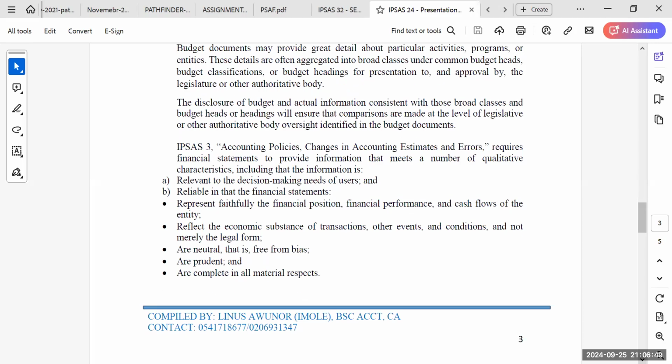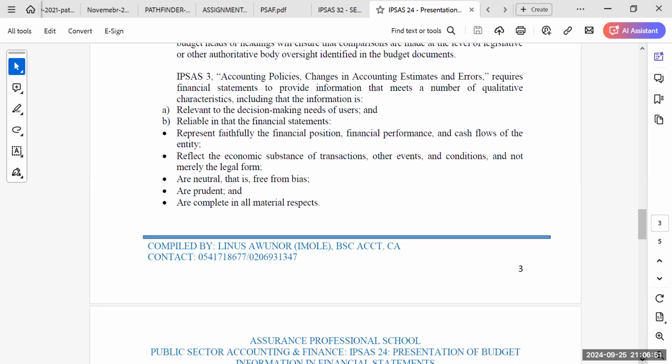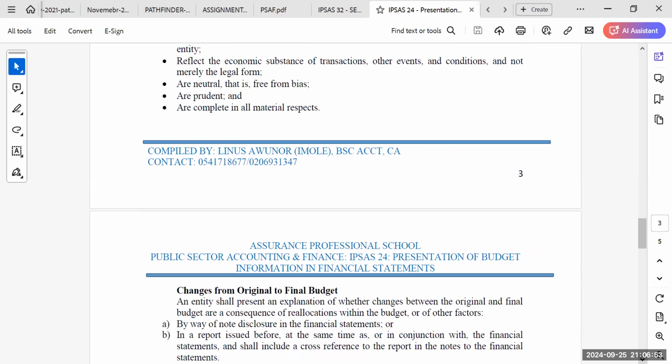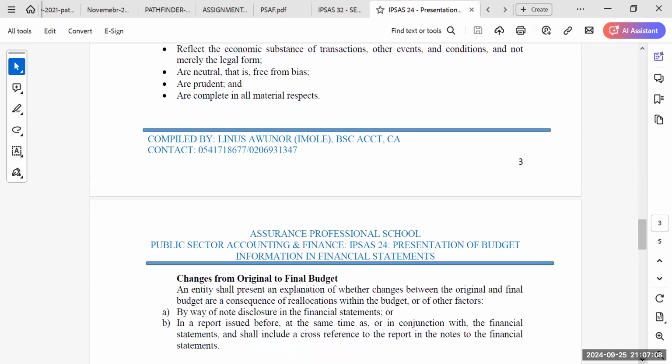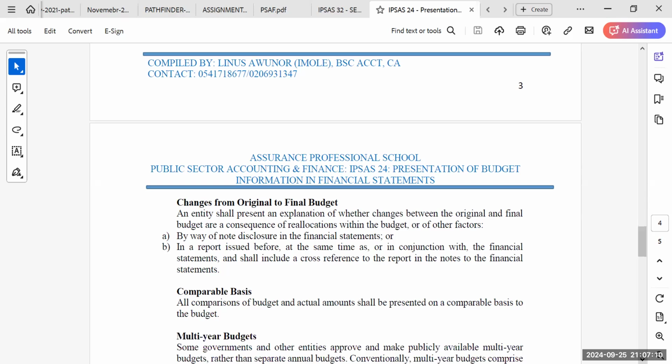So that is why they are telling you it is very important to include the budget information. If you include the budget information, it gives us reliable and relevant information. We can look at the amount that has been budgeted and the amount that has been generated, so we can see the issue that is coming in over there. Okay.